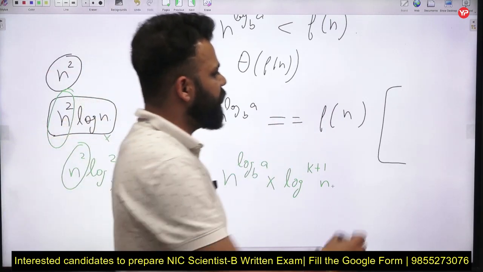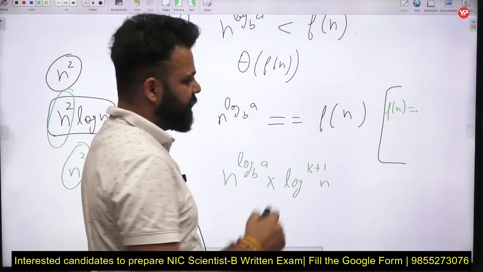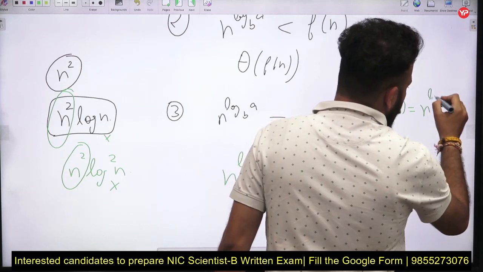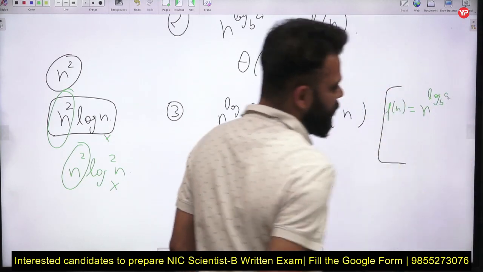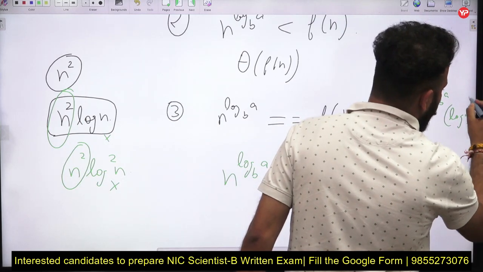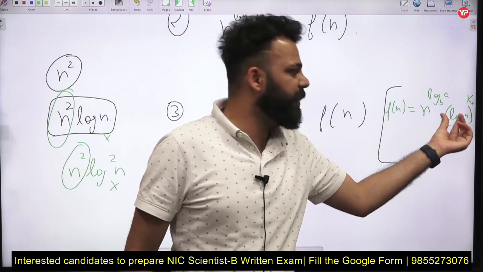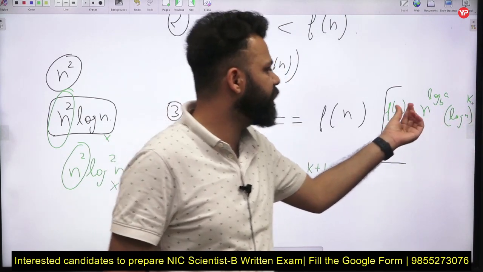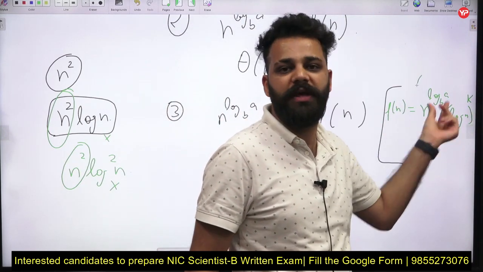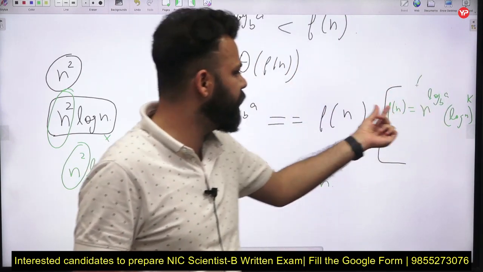So in this case f(n) will look like a combination of n^(log_b a) and log n raised to power k. We are not comparing the log n part, we are just comparing the n^(log_b a) part, which is n², n³, n or n⁴.